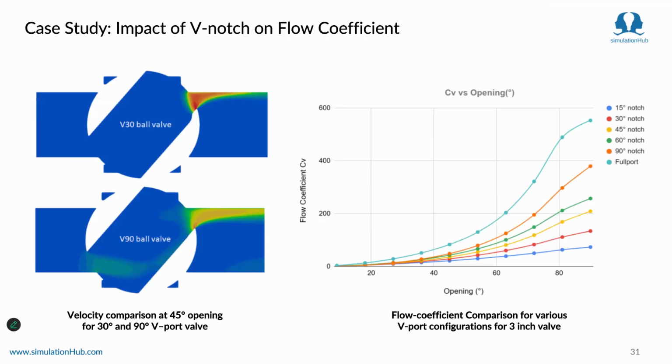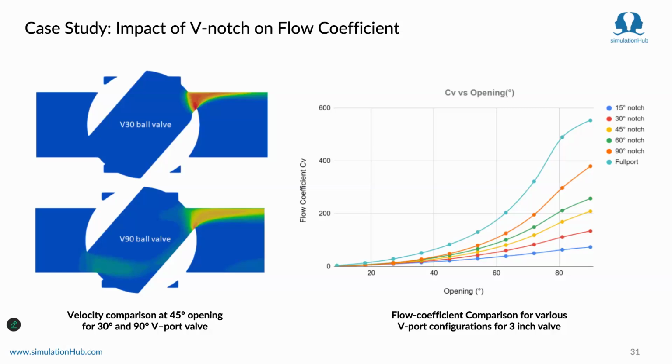So we have added the V notch to the design, and in the plot that you're seeing on the screen on the right side, we have simulated the valve using AVC for 10 openings, and we can see in the CV plot itself that as the angle of the notch increases from 15 degrees to 90 degrees and full port, the CV is increasing.